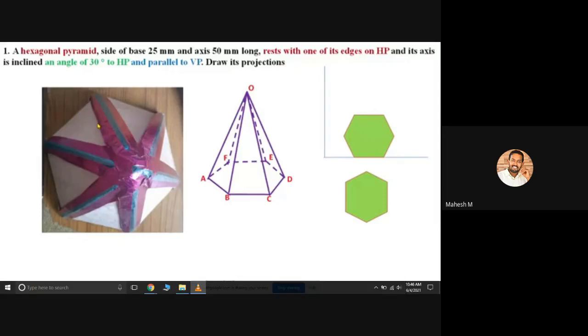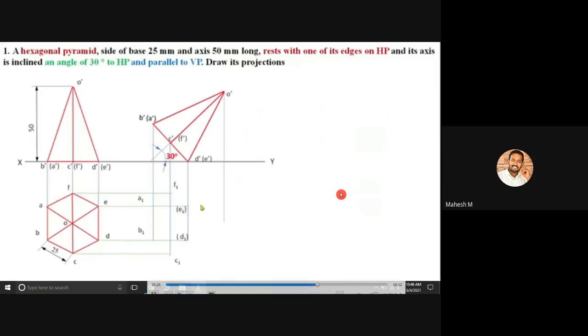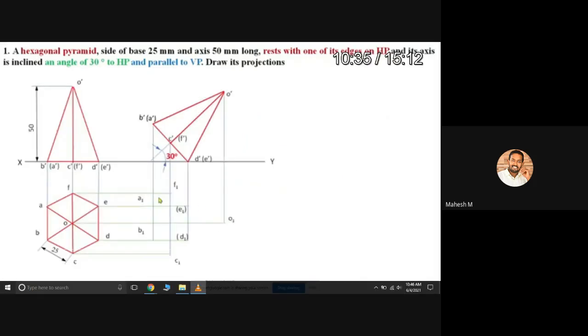Okay, understood? Yes, sir. Yes, sir. So you can create your diagram with dark line. So AB, BC, and you can connect. Normally, you can connect your extreme edges with the dark line.